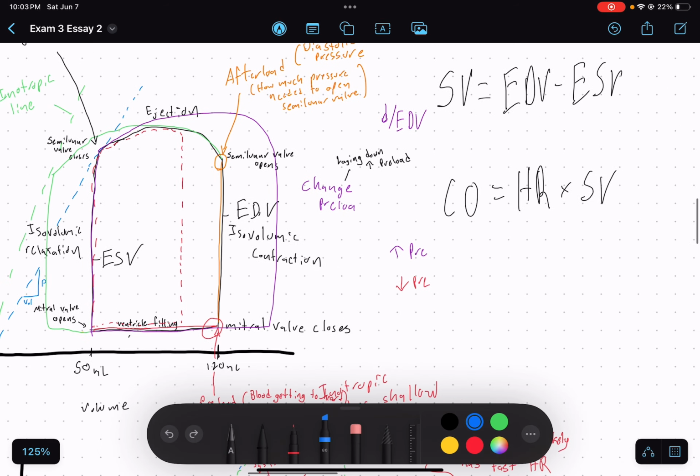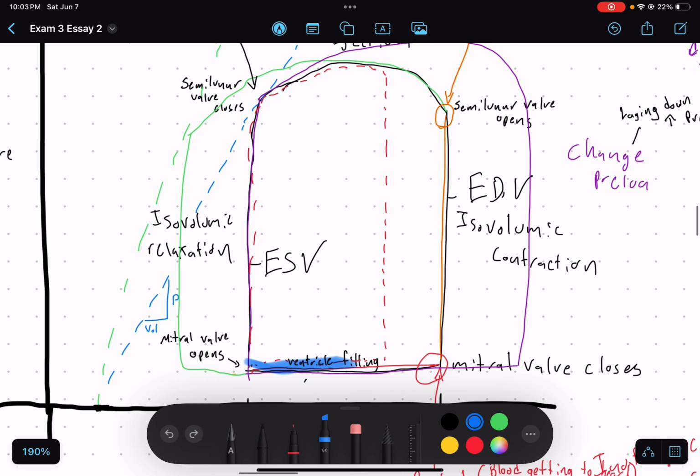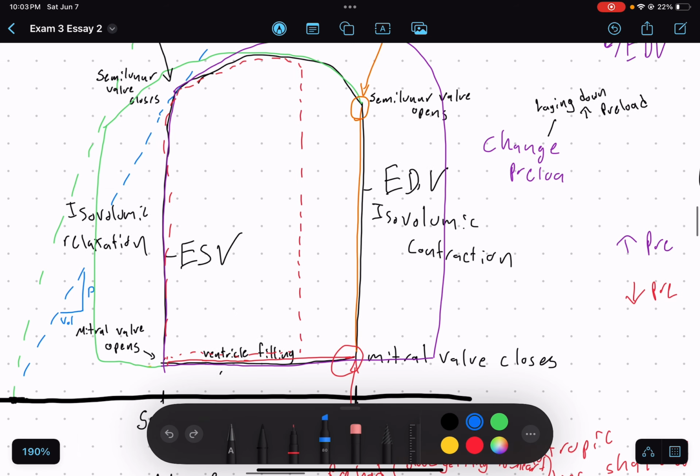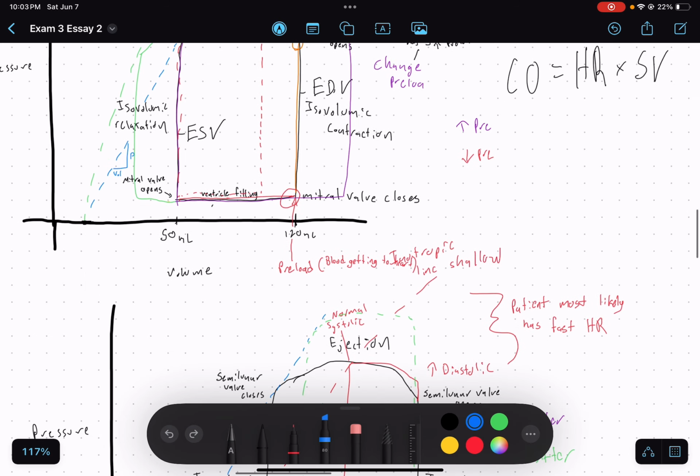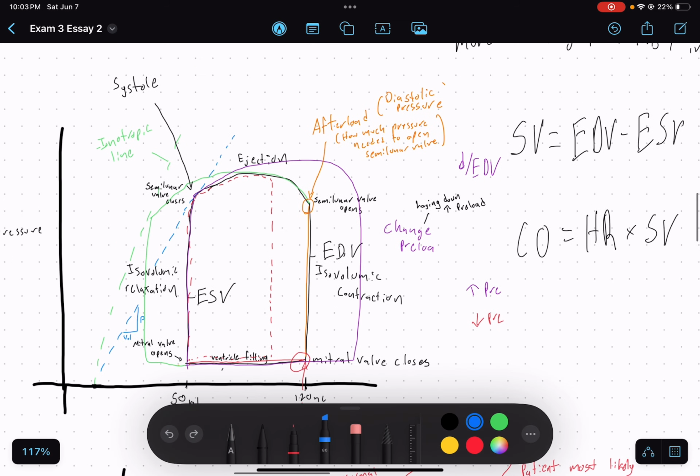And if we decrease our preload, we see that the volume decreases, which means that our heart is going to push out a smaller amount. So we always want to look at where our inotropic line is, and find out if we're increasing or decreasing our preload.